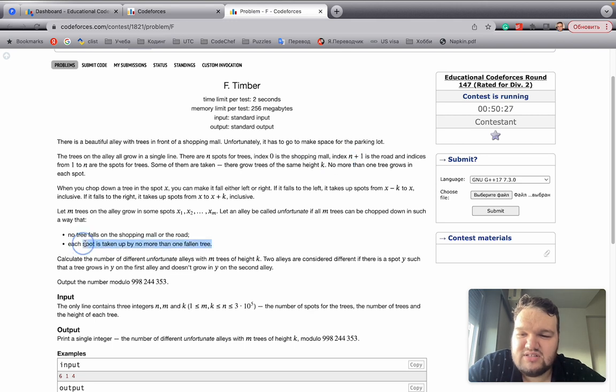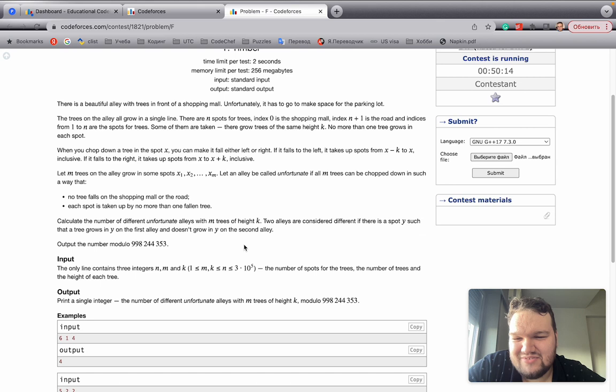Each spot is taken up by no more than one fallen tree. So an alley is unfortunate if we can chop it off. Okay. Calculate the number of different unfortunate alleys with m trees of height k. Two alleys are considered different if there is a spot such that a tree grows in it in the first alley, and doesn't grow in it in the second alley.